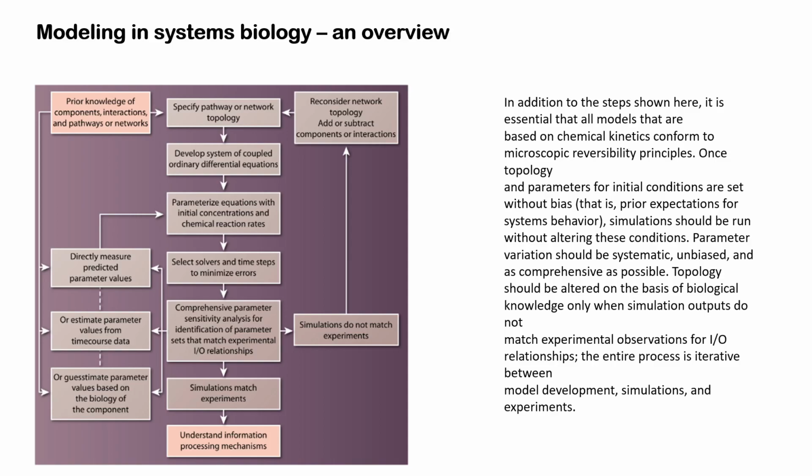And once topology and parameters for initial conditions are set without bias, that is, you have prior expectations for the system's behavior, say two molecules are known to interact in a biological system, you can set the parameters according to those prior expectations, and simulations should be done without altering these conditions, as in those inherent biologically true phenomena should be upheld in your model.